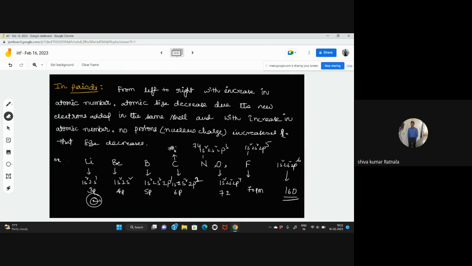Sir, here you wrote number of protons. Yes, number of protons. So we can say that the shells will be at the same position, but the nuclear charge will increase.